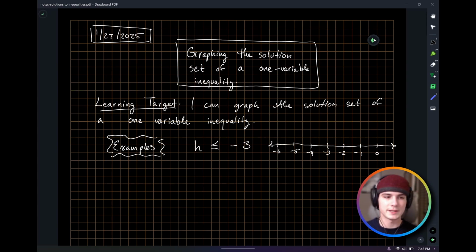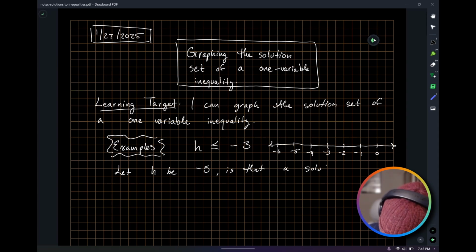Because as we look at this, we can start to think about what are and aren't solutions, right? Like let h be -5. Is that a solution? Well, is -5 less than -3? Yes, it's to the left on the number line, right?